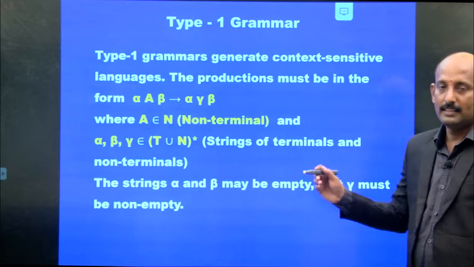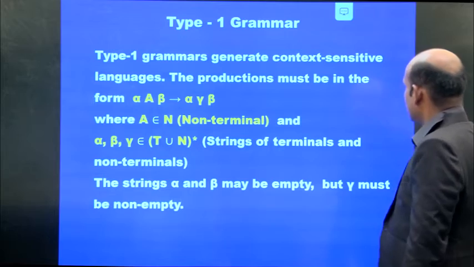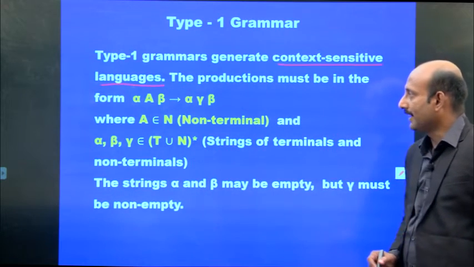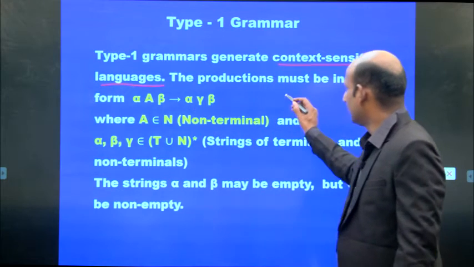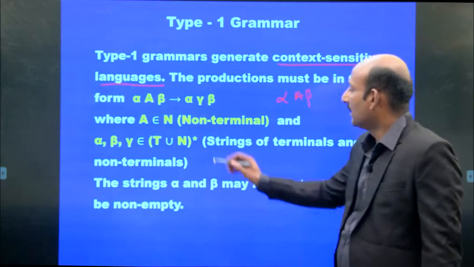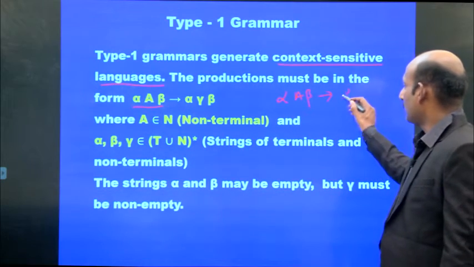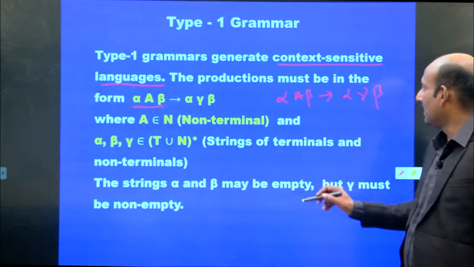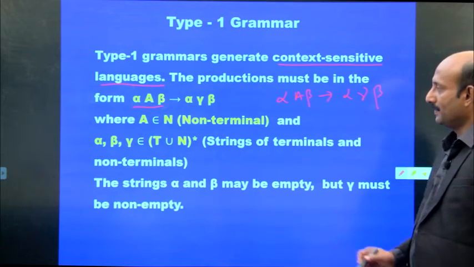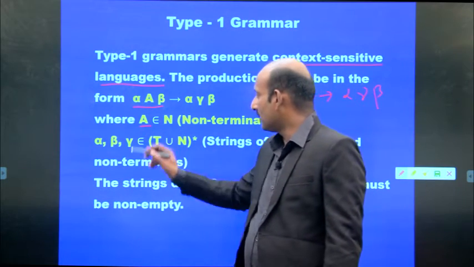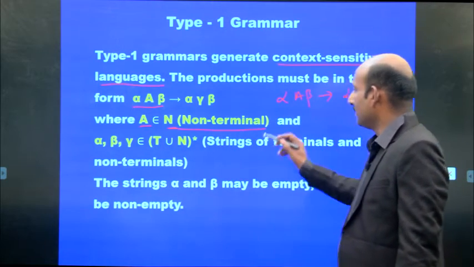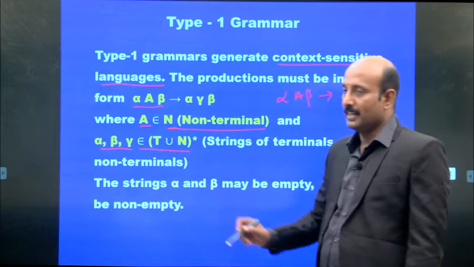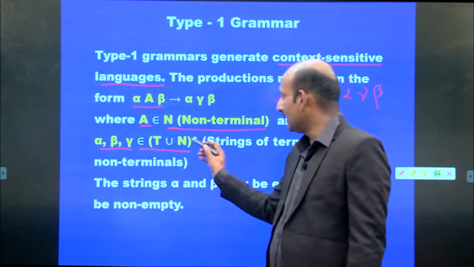It generates a context sensitive language, where the productions are in the form alpha A beta implies alpha gamma beta, where A is a non-terminal belonging to N, and alpha, beta, gamma belong to the strings of terminals union non-terminals.